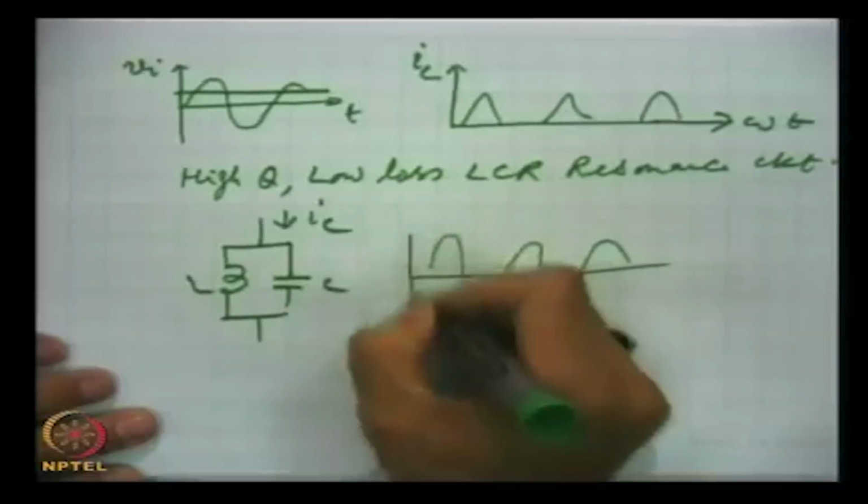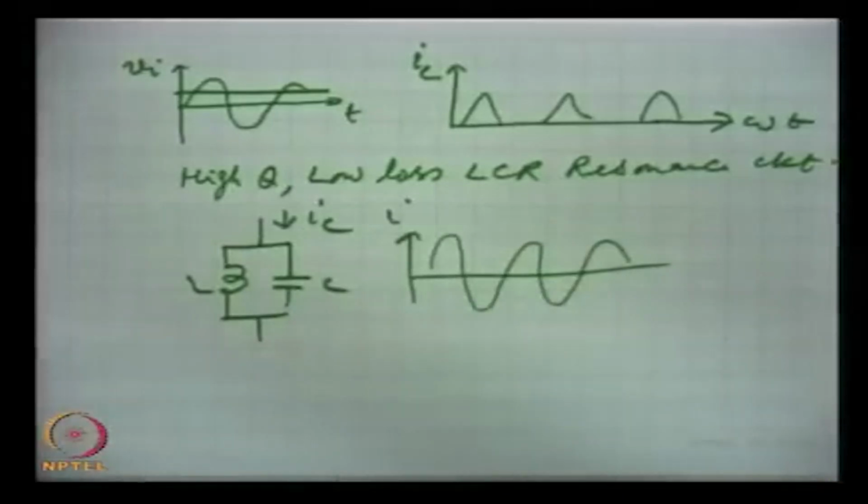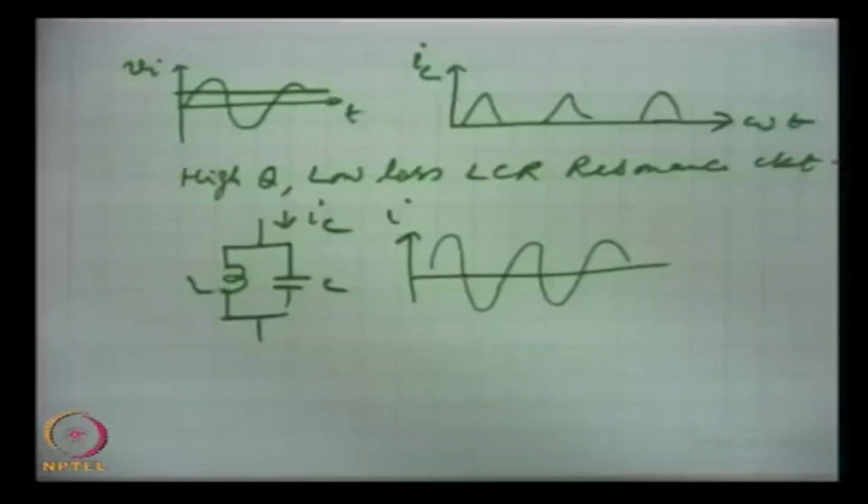The output available is this. So, why class C amplifier? What is the advantage? Efficiency. The efficiency of class C amplifiers is above 95%.